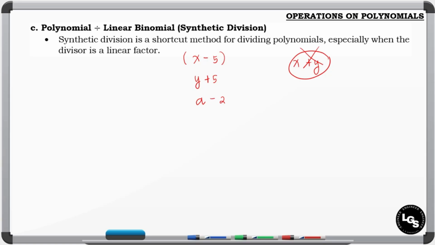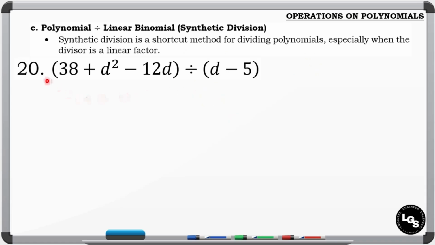Take note, we can only use synthetic division if we have a divisor in the form of a linear binomial. Here are other examples of linear binomials. We can try to solve using synthetic division with the first example a while ago, if you remember it.